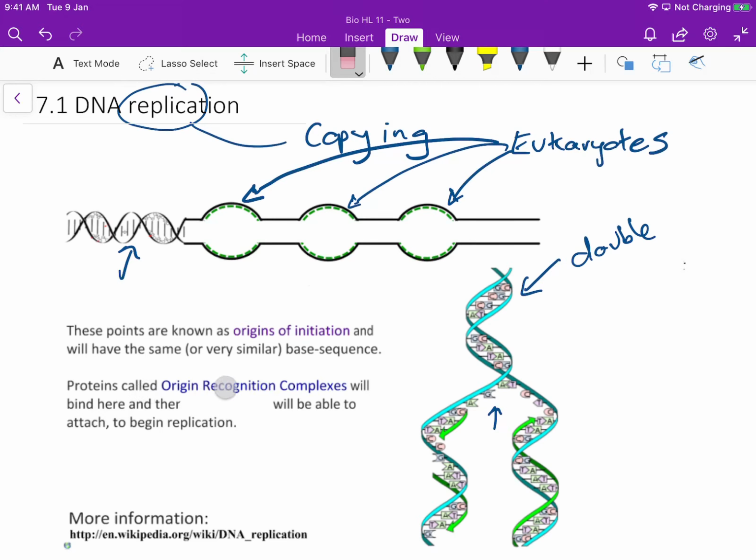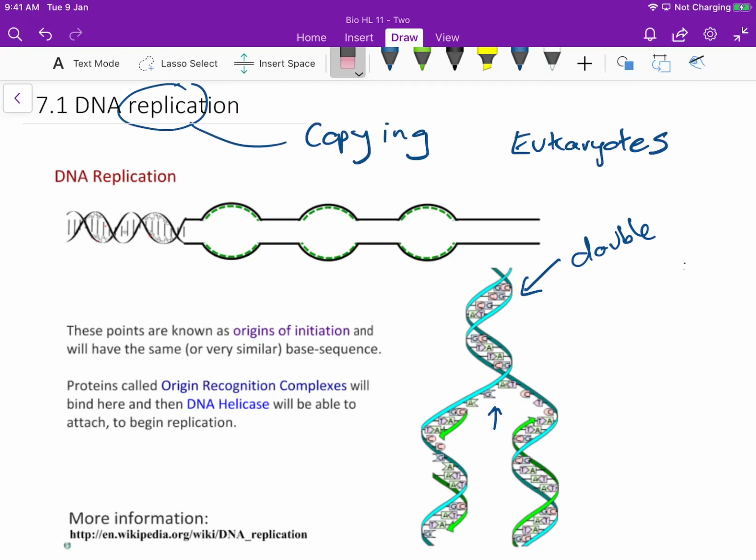And there are lots of protein complexes which are going to bind to the DNA, including one of the enzymes that we'll look at, DNA helicase. It's going to unwind the DNA and start to copy it. This process of DNA replication happens at multiple points, and what this does is it speeds it up, because if you start copying from all these different points, then you can do it faster.